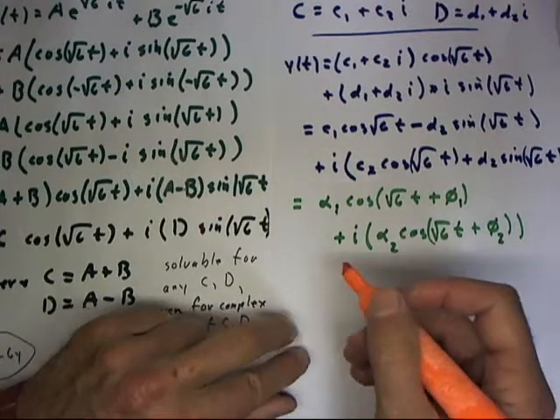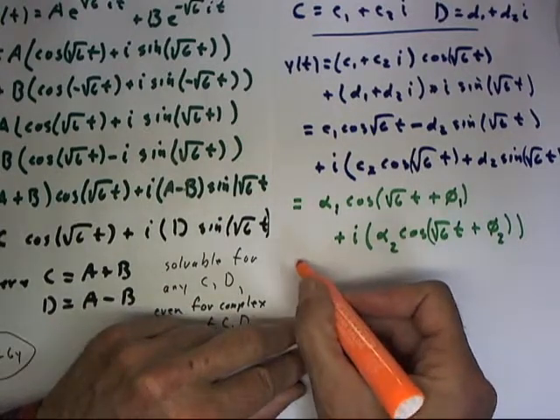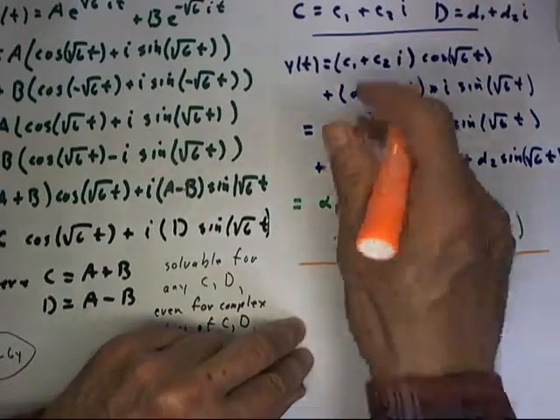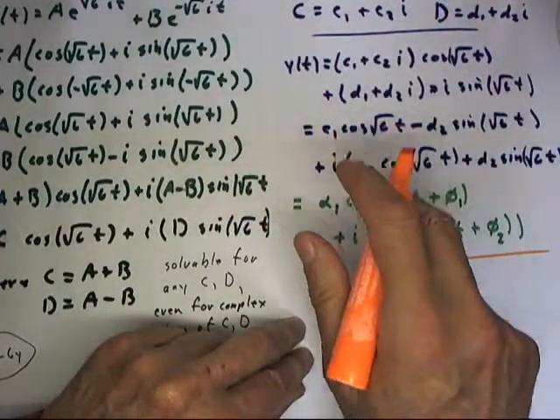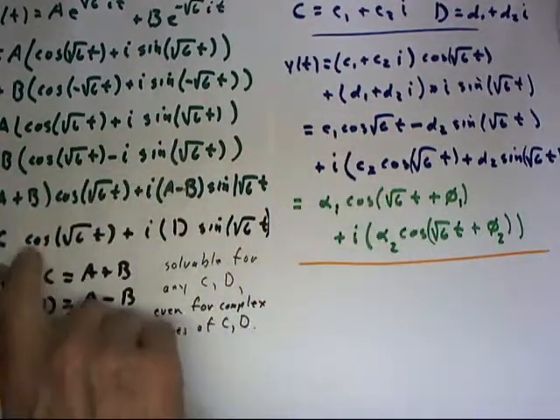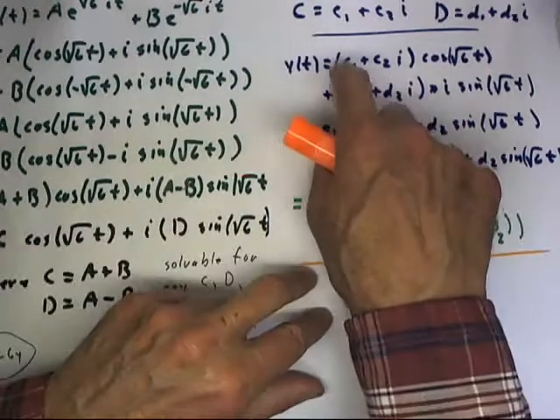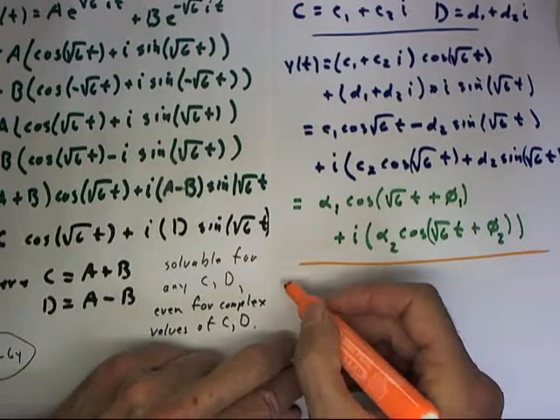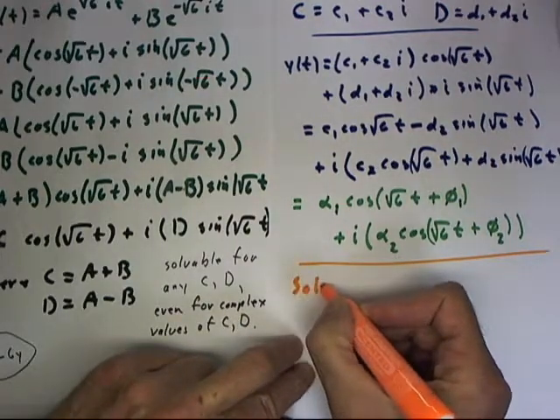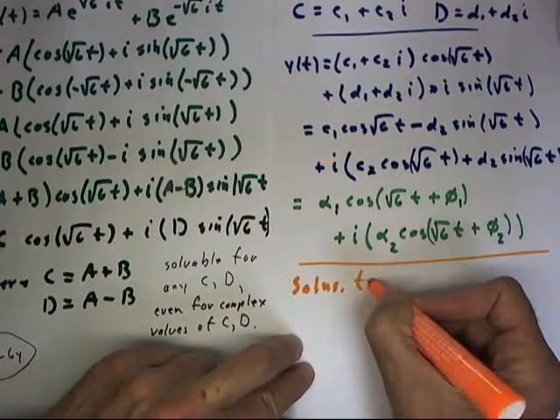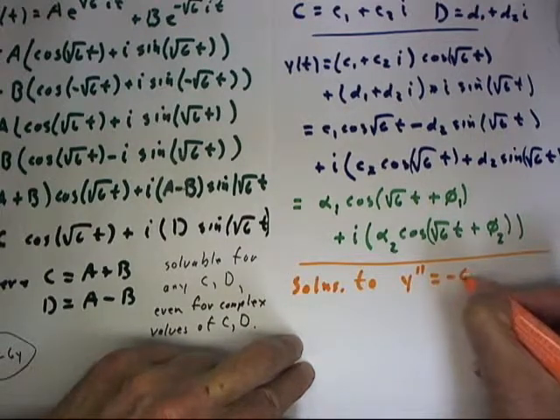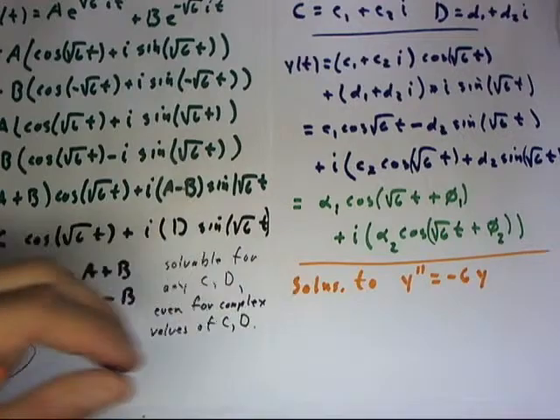Now let's just review where we are before we draw any more conclusions. This function and this function are solutions to the equation y double prime equals negative 6y.